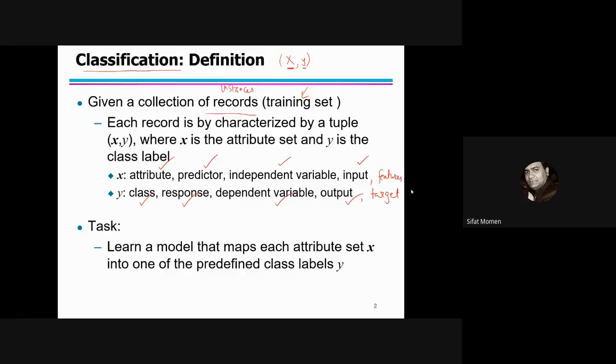Now, what happens when we use a training set and apply a classification algorithm on it? It creates a model. And what does this model do? The model basically maps the attribute set x to one of the classes y. The model somehow creates a map, and we're going to talk about this mapping.